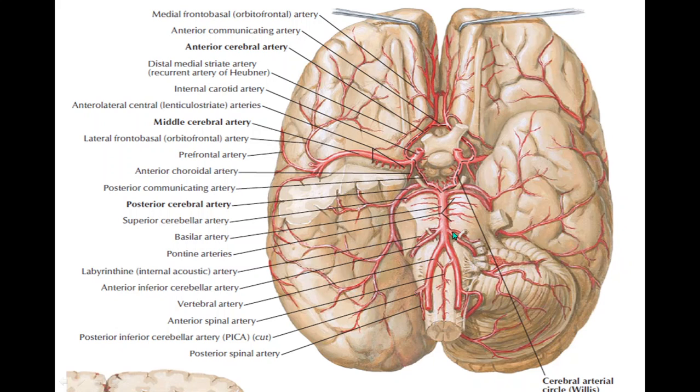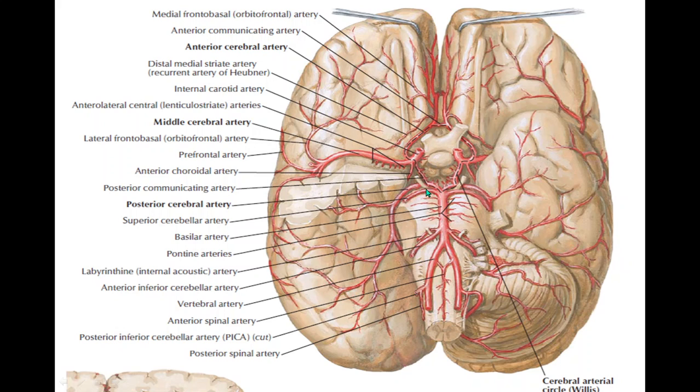Then you have the anterior spinal arteries, the anterior inferior cerebellar artery, the labyrinthine vessels, the pontine vessels, and the superior cerebellar artery. After that, as I said in the beginning, it ends by dividing into the two posterior cerebral arteries. It is cerebral, concerned with the cerebral hemisphere, mainly supplying its inferior surface. These are the terminal branches of the basilar artery.